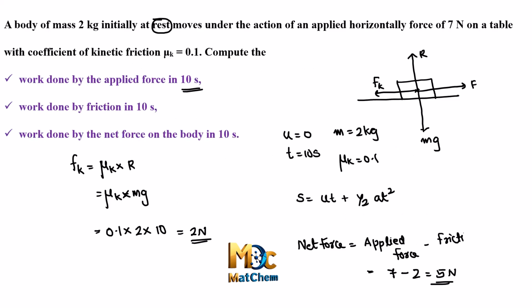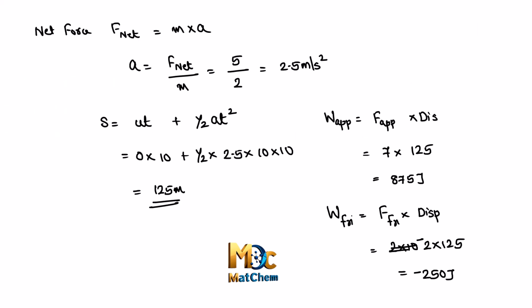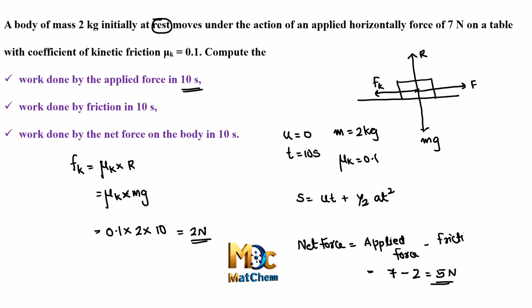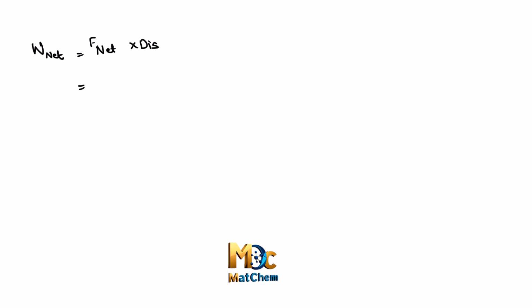The next thing they are asking is, what is the work done by the net force? We can calculate it in two different ways. Work done by the net force is equal to net force into displacement. The net force is equal to 5 Newton, so 5 into 125 is equal to 625 joules.